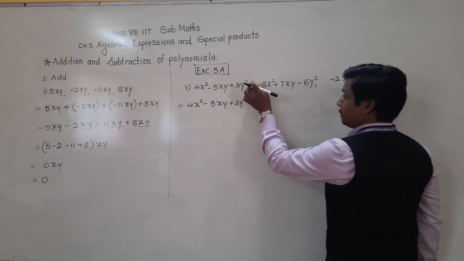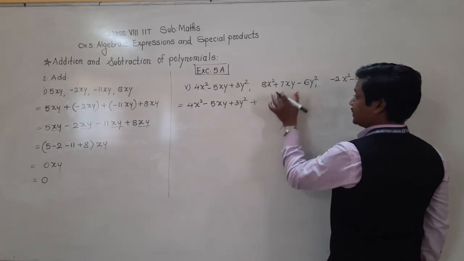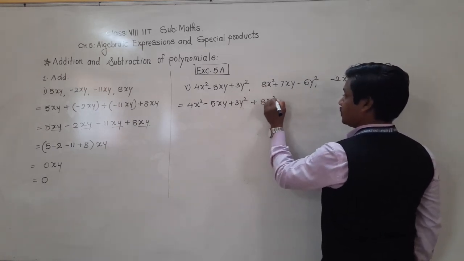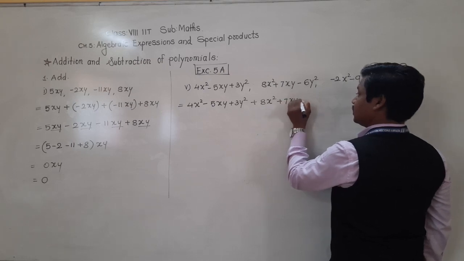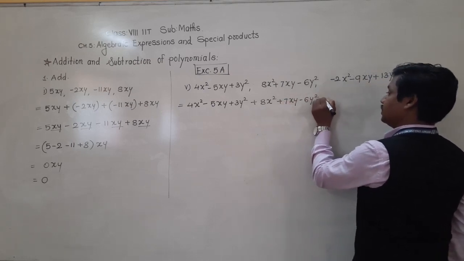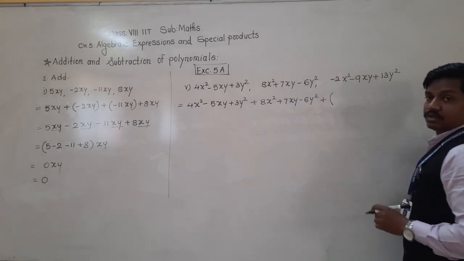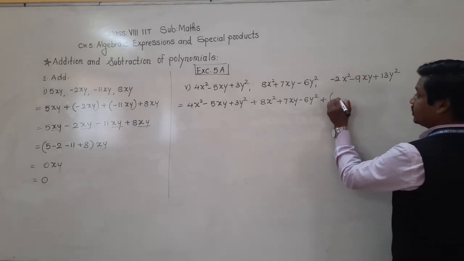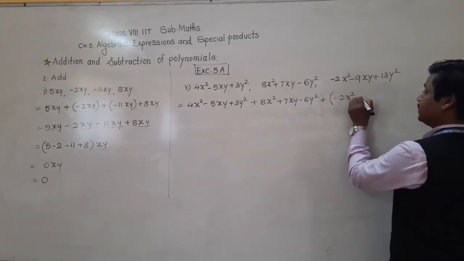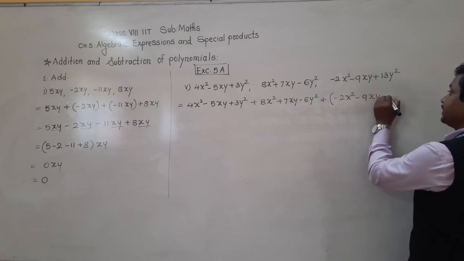3y square plus, take the next expression down, plus. Now see, since it is minus, so I have put the sign here, bracket.